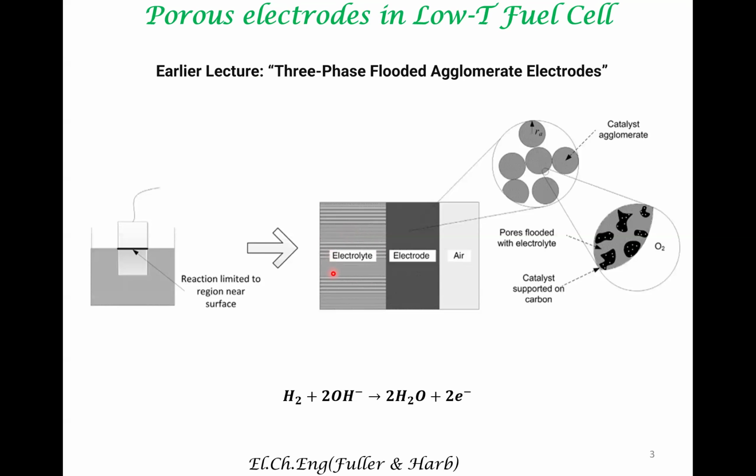Here, the electrolyte is purely ion conducting. There exist regions which are purely gas phase reactant conducting. But in this regime, you have the porous electrode. A magnification of this region shows particles, and there are two kinds of pores present: micropores within the particle, and macropores in between these particles.